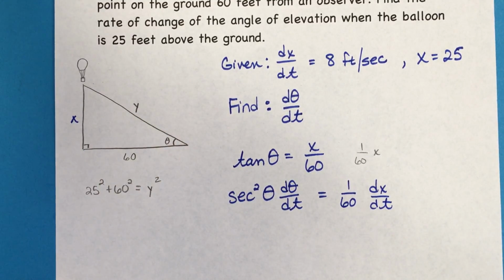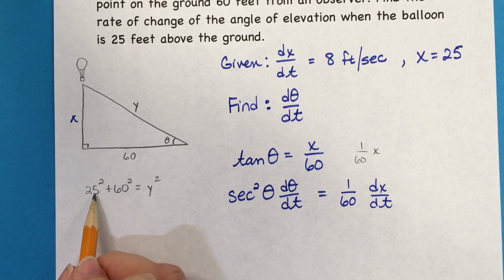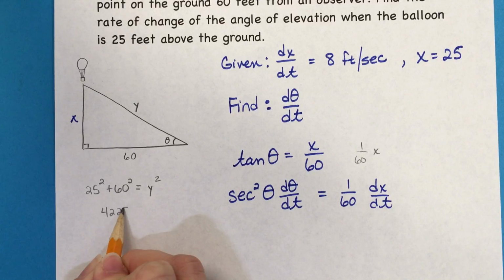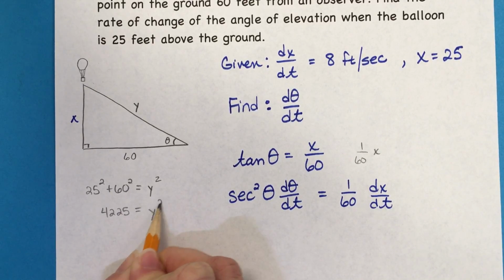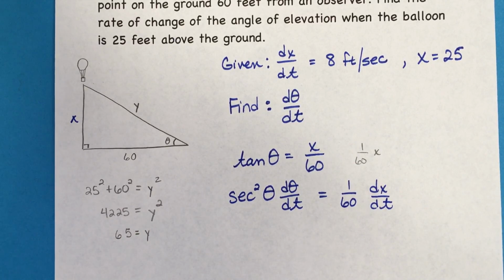Okay, so that's going to give me 4,225. So that would be 65. Now, of course, I know taking the square root of both sides gives plus or minus, but you're talking about the length of one of the sides of a right triangle, so that would not be a negative value, just the positive 65.